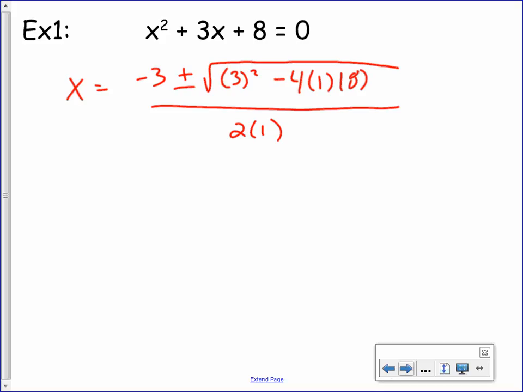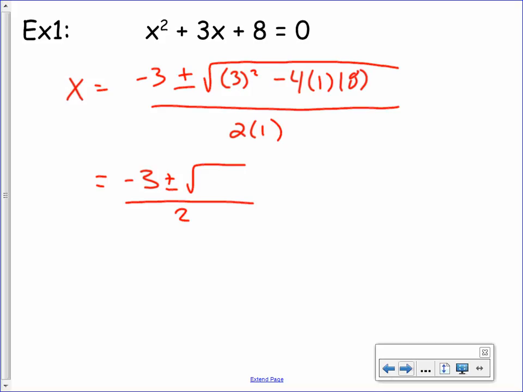Completing the square would be doing 3x divided by 2 squared, add to both sides, blah, blah, blah. But you are actually completing the square all in one step with the quadratic formula.